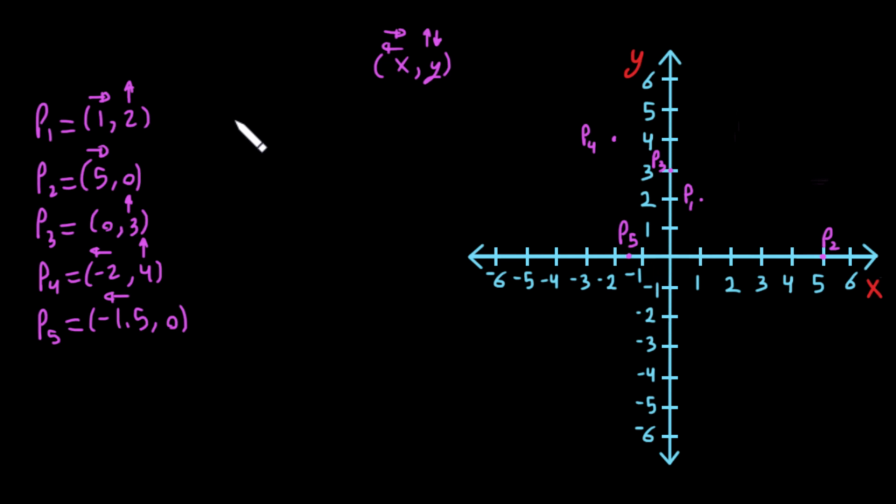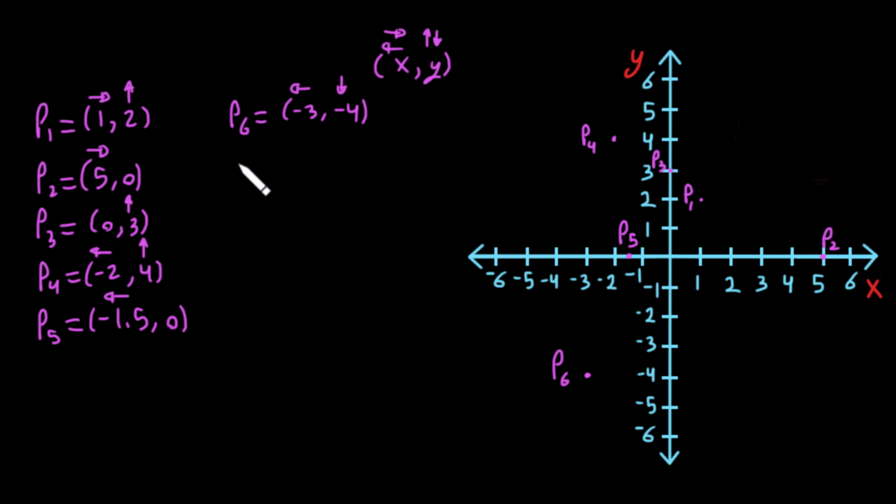Let's take another point, P6 equal negative 3, negative 4. We have to go left because x is negative, and down because y is negative. So 3 steps left, 1, 2, 3, and 4 steps down, 1, 2, 3, 4, which is here.